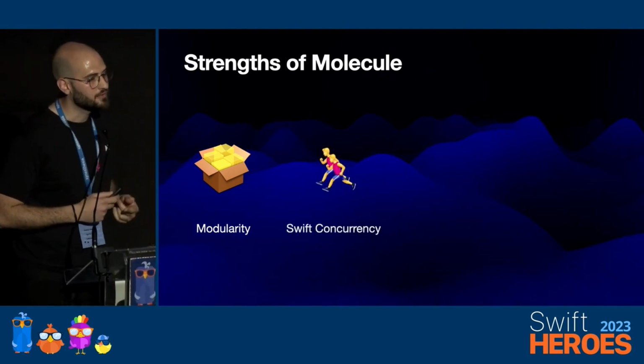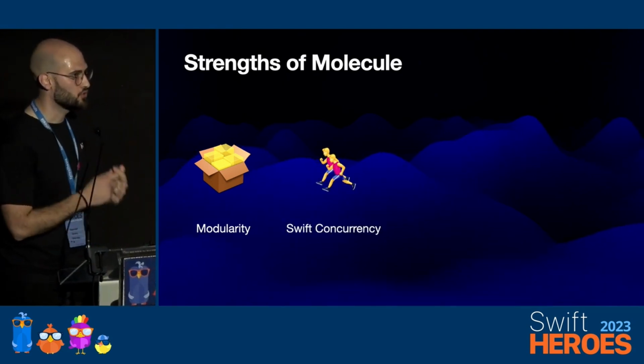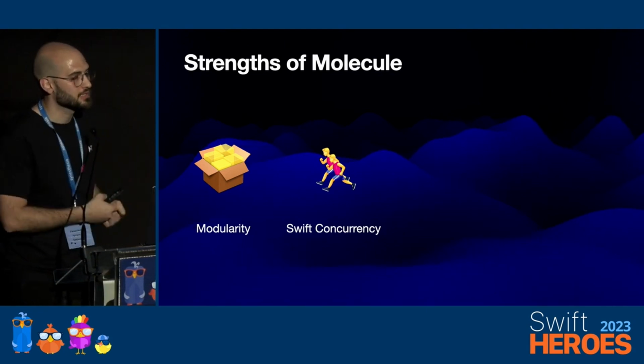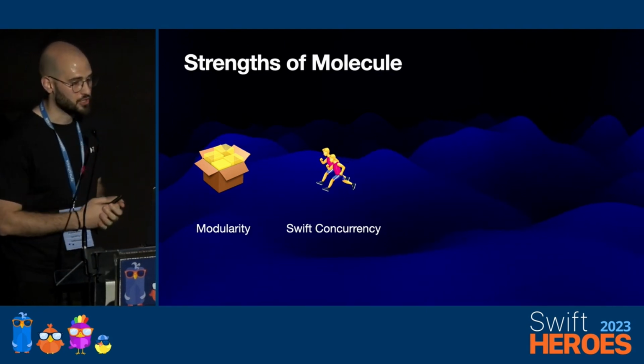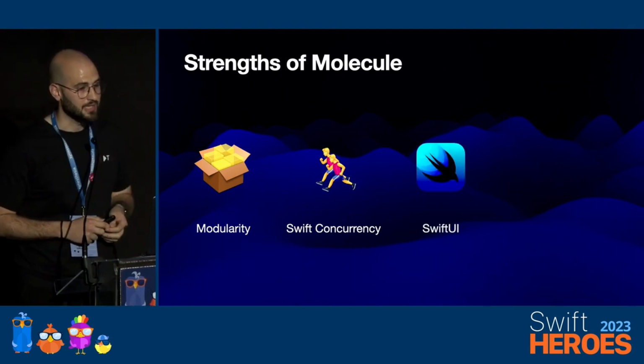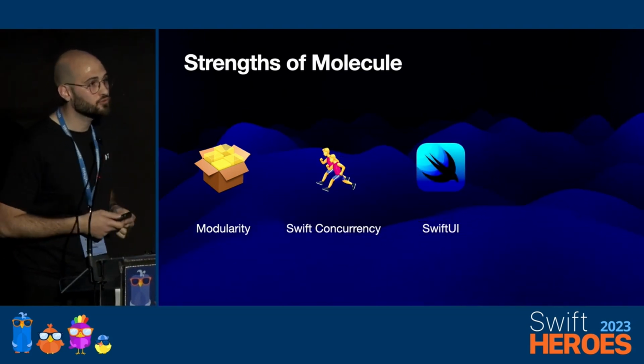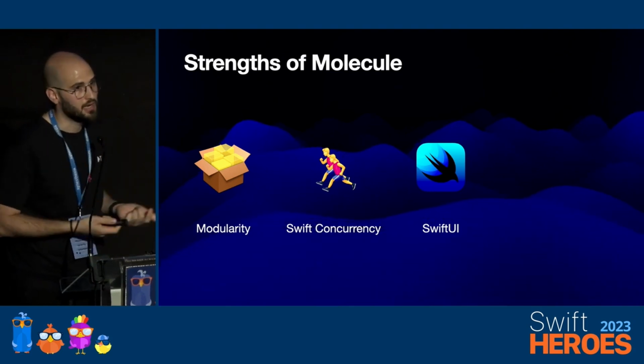As a second point, we introduced Swift concurrency, which improves the performance over Grand Central Dispatch.